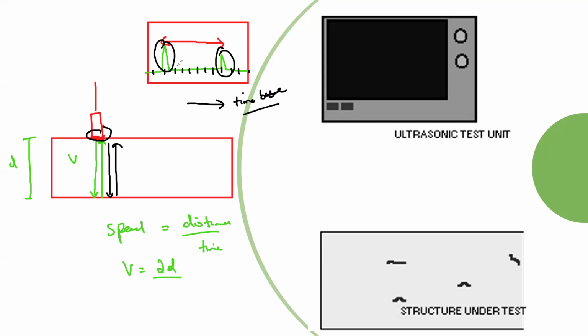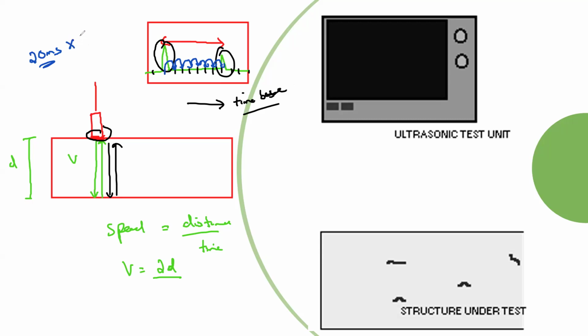Each box, each grid spacing between two lines, let's take an example, say it is 2 millisecond. How many lines are there in the interval? 1, 2, 3, 4, 5, 6, and 7. So 7 markers between the two peaks.